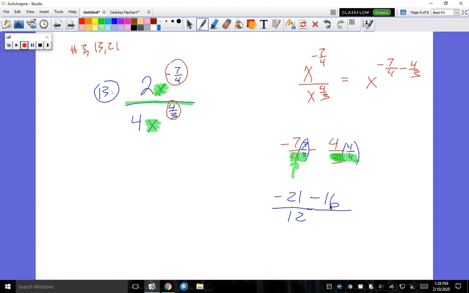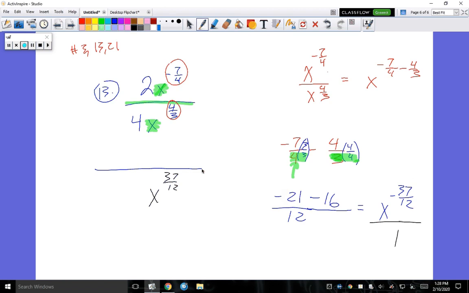So if I have x to the negative 37 over 12, where is this going to belong as a positive? In the denominator. Because right now, my answer is like this over 1. So I'm going to end up having this in the denominator with a 37/12 exponent that looks just like that.